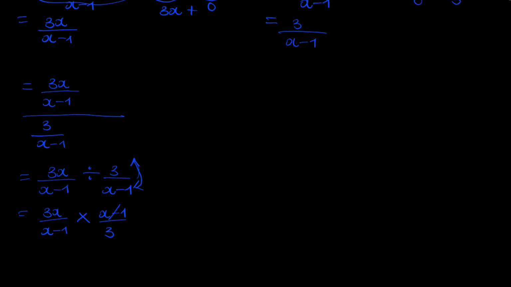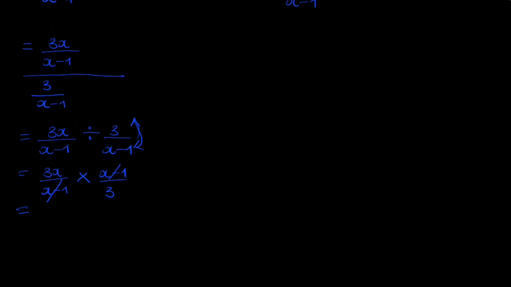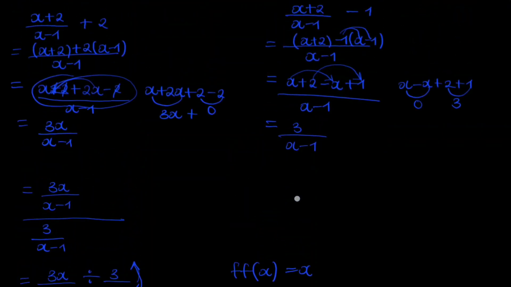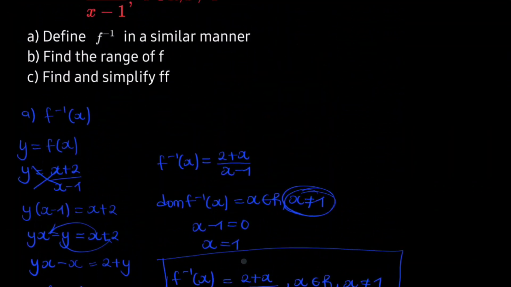The x minus 1 and x minus 1 are the same, so they cancel each other and we are left with 3x divided by 3. Here 3 can cancel, so finally we are left with x. We conclude that f of f of x is simply equal to x. So that is all for the question.